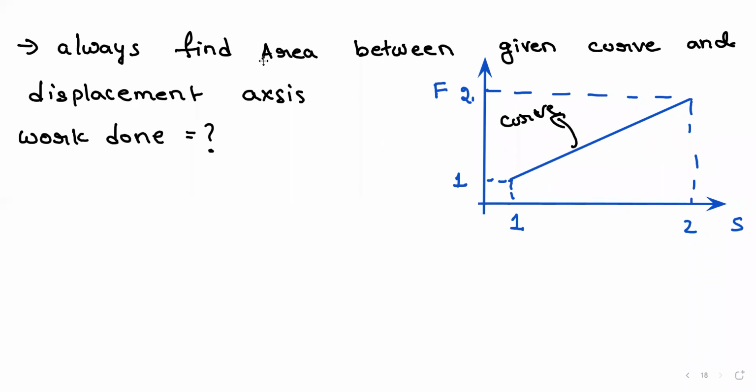Now look here. See, here we have to find the area under the graph. So what we have to do here is draw a straight line like this, right? Can you see the rectangle here?